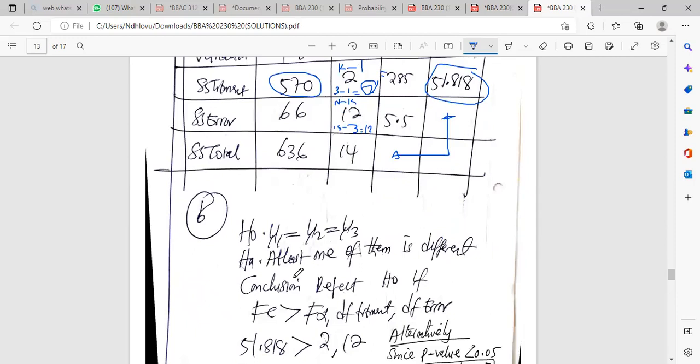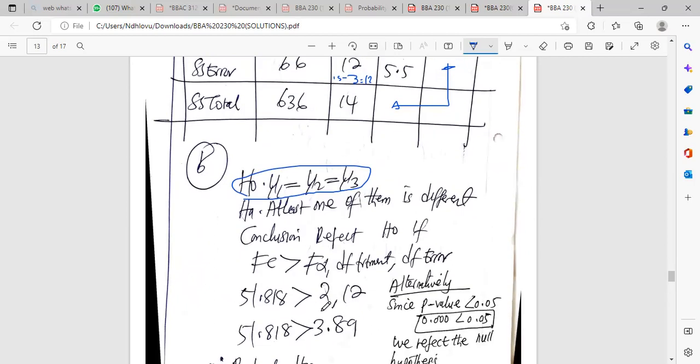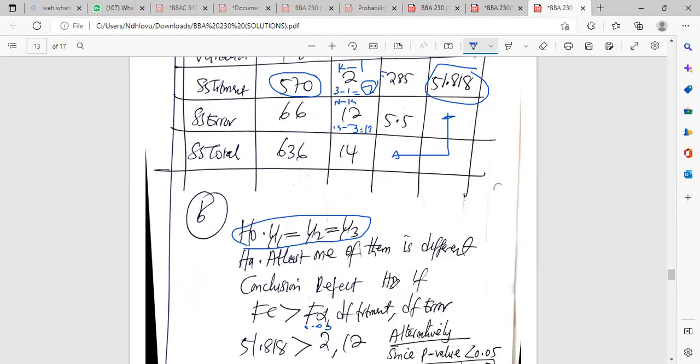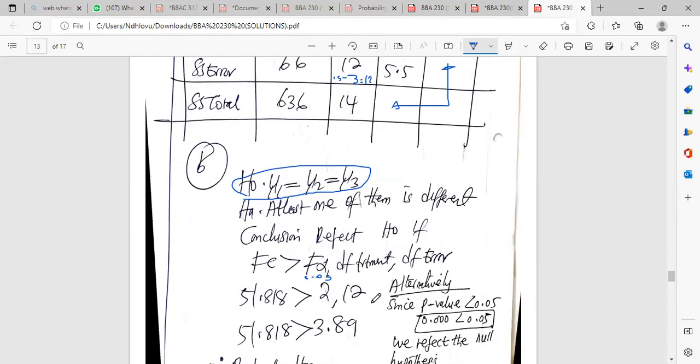Now for B, we are trying to test H naught: mu 1 is equal to mu 2, because there are 3 treatments. This is how you find this. And the alternative hypothesis simply says at least one of them is different. We reject H naught if F calculated is greater than the critical value at alpha 0.05, with degrees of freedom for treatment 2 and 12.